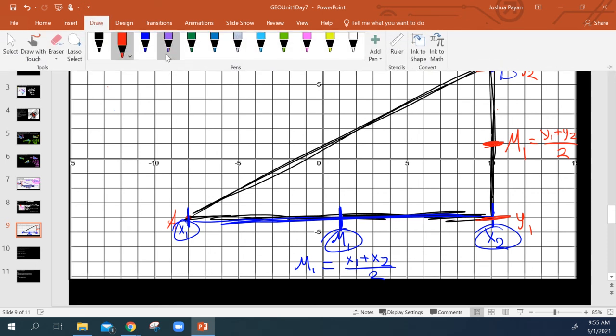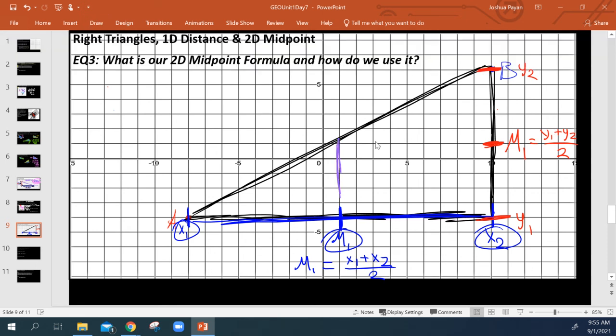Okay, where these 2 points converge, right here, this is my two-dimensional midpoint. And it exists, obviously, at x1 plus x2 over 2. That would be my x-coordinate, right? And my y-coordinate would be my y midpoint. Okay, so one-dimensional midpoints give me the two-dimensional midpoint.